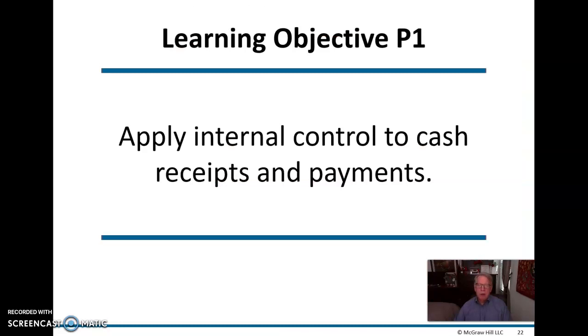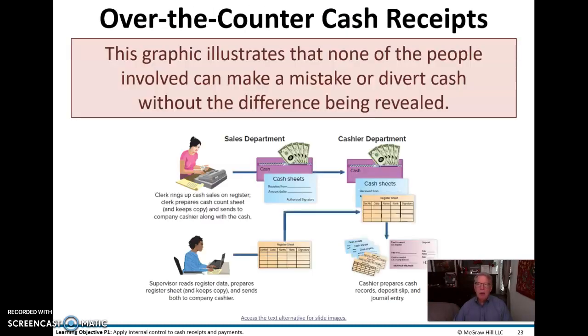All right, internal control of cash payments and receipts. Here is a nice little graphic showing the over-the-counter cash receipts. None of the people involved can make a mistake or divert that cash without the difference being revealed. So we have the sales department and we have a cashier's department.